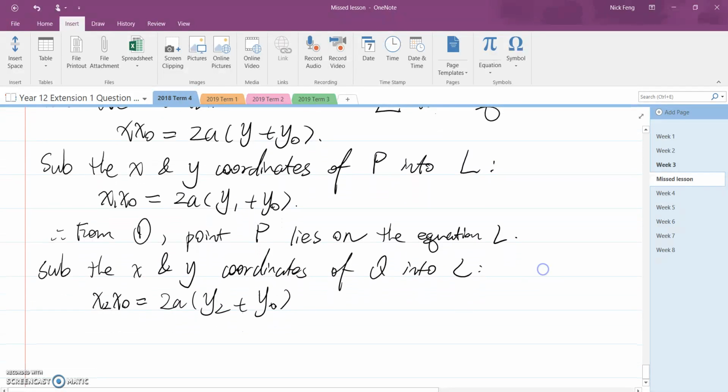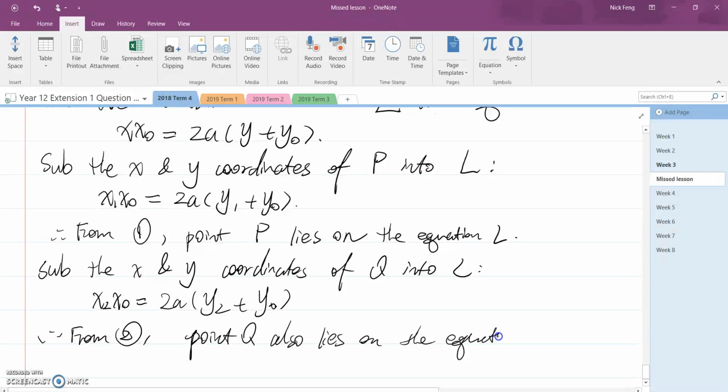So therefore, from equation 2, point Q also lies on L. L is the equation.